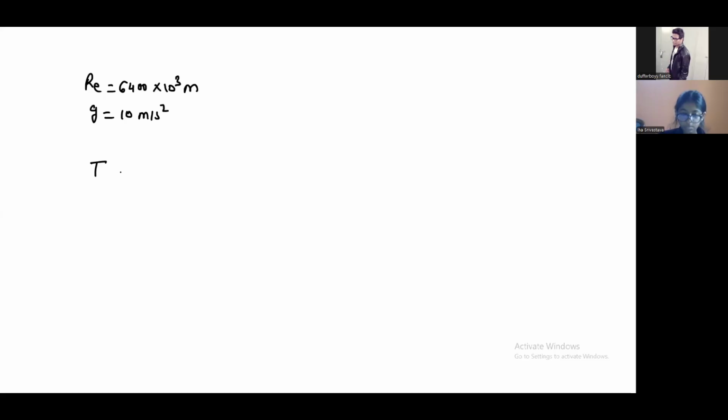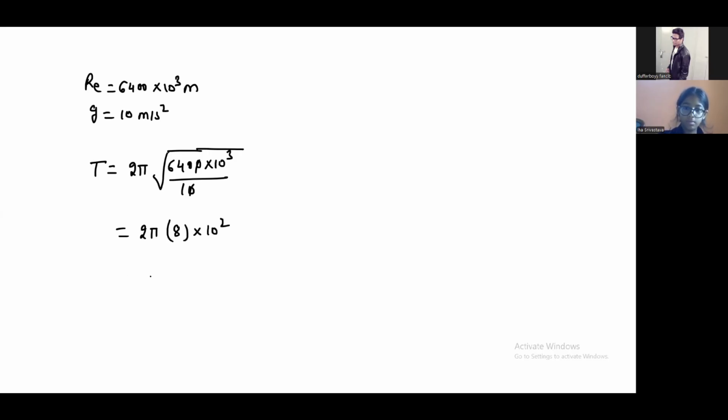So time period is equal to 2 pi under root r by g, that means 6400 into 10 to the power 3 by 10. Here it cancels out and we get 2 pi into 8 into 10 to the power 2.